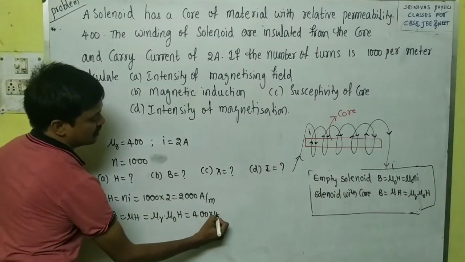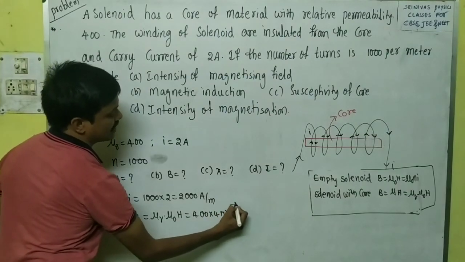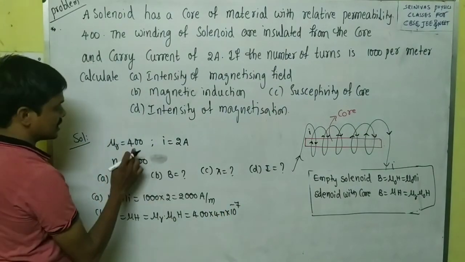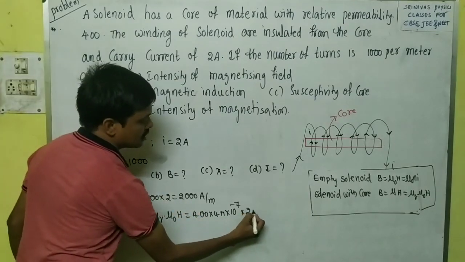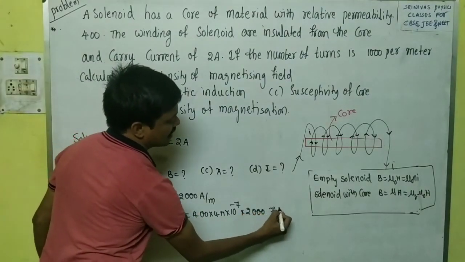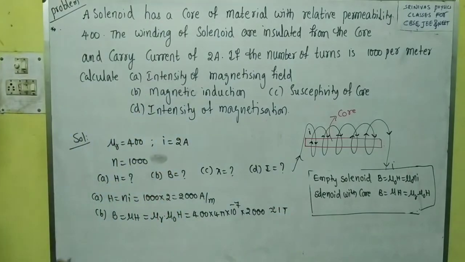Mu naught is 4 pi into 10 to the power of minus 7. H we got in A, that is 2000. Simplify this and we nearly get 1 Tesla. B is completed.